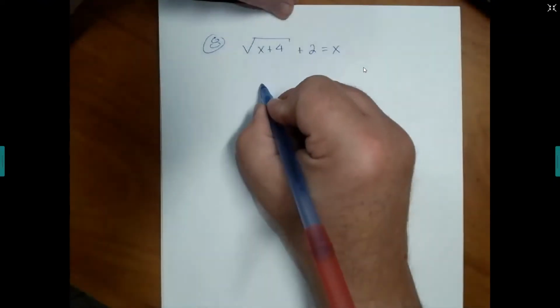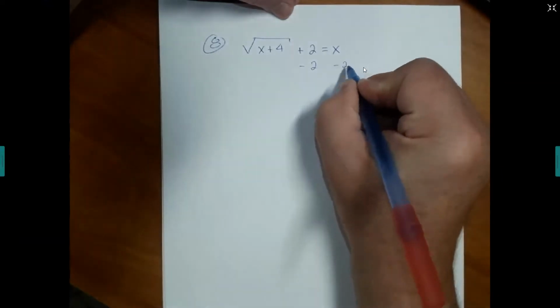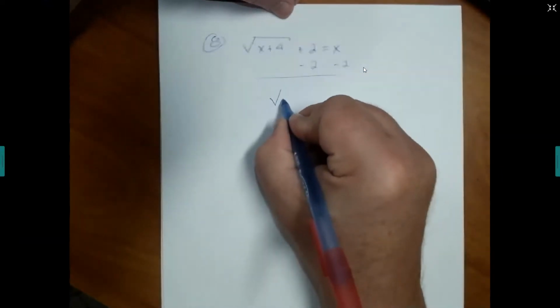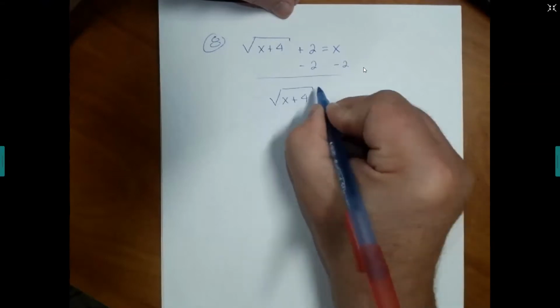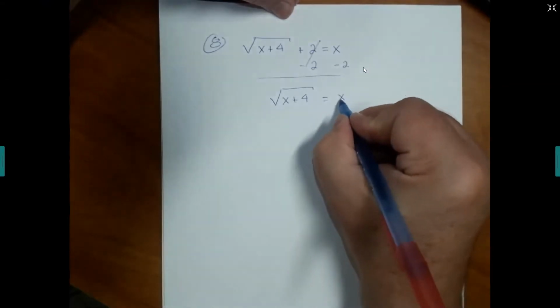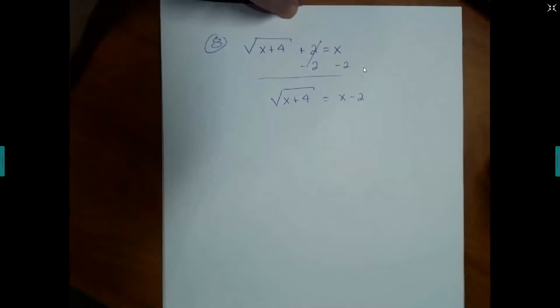Right, we have to move the 2 across first. So we have square root of x plus 4 equals x minus 2. Now comes the tricky part. What do you do next?